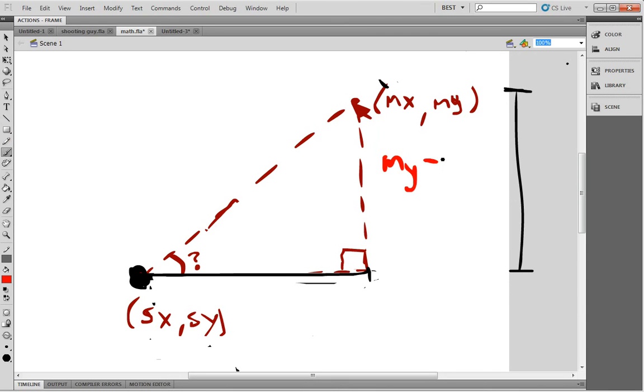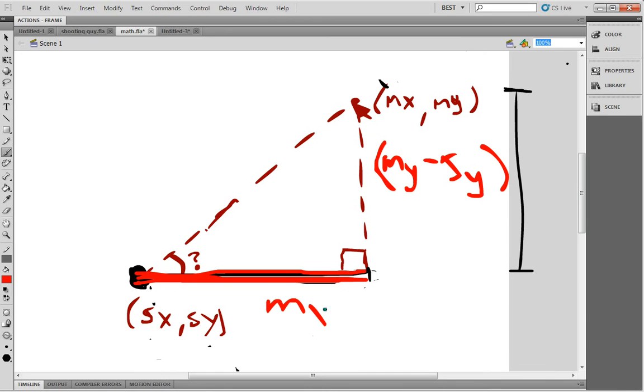I should have known that. And what would be here? This side? It would be mx minus sx. Yeah, exactly. Okay, so that's my point.